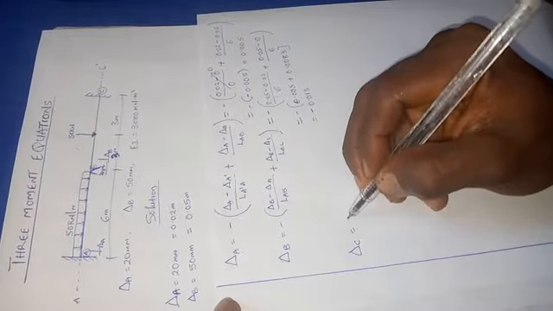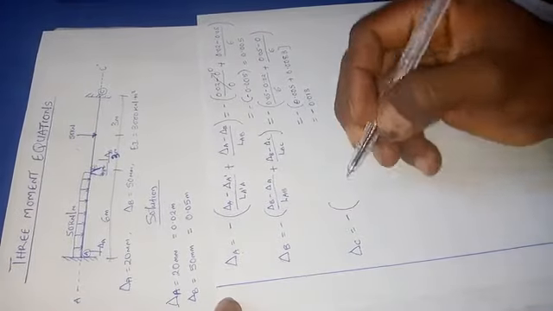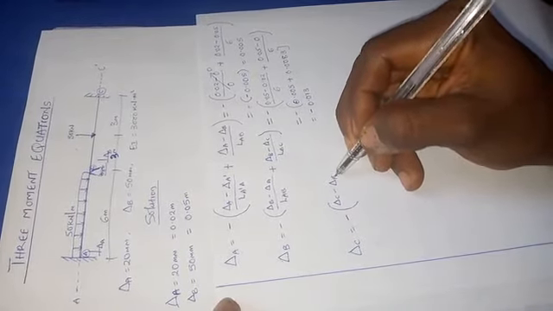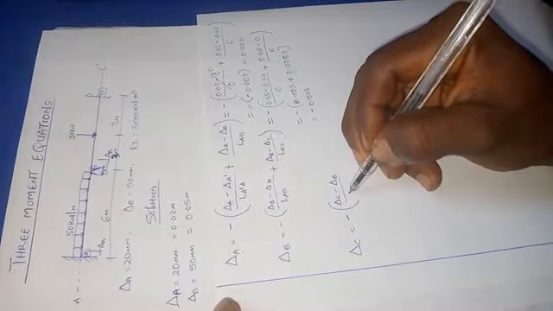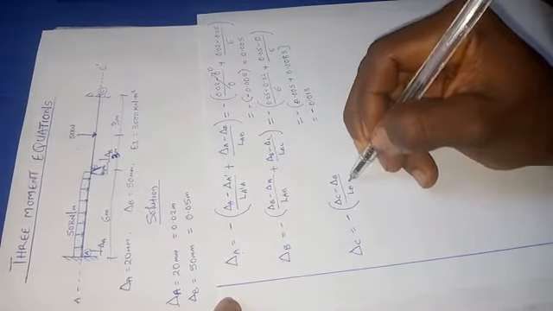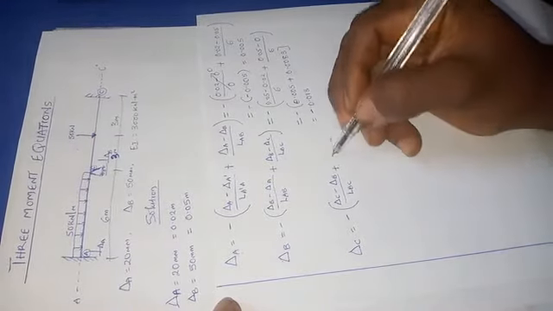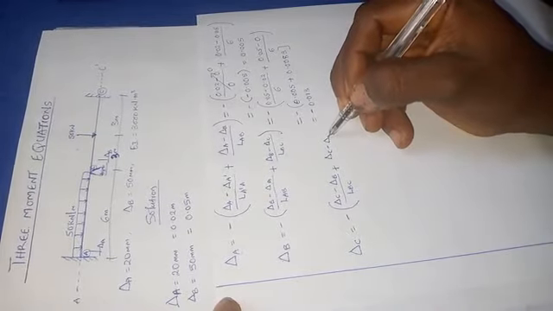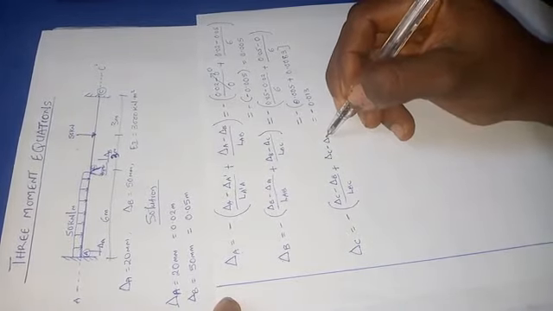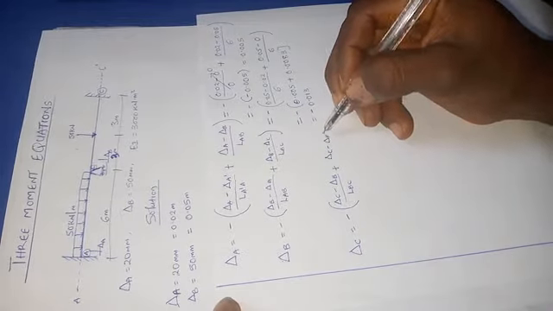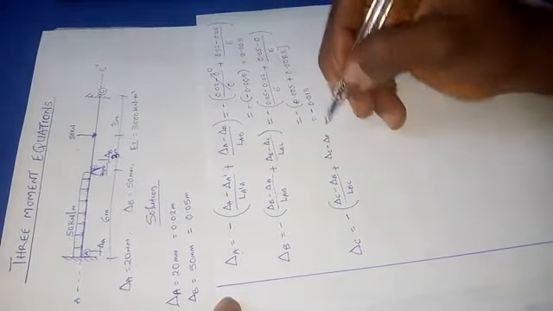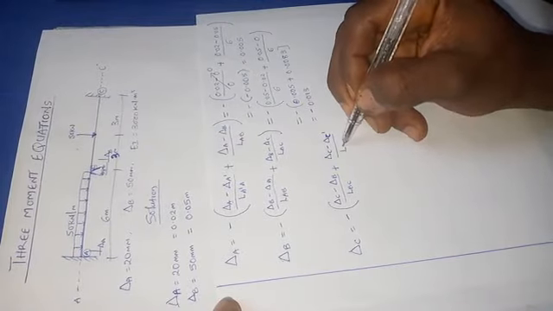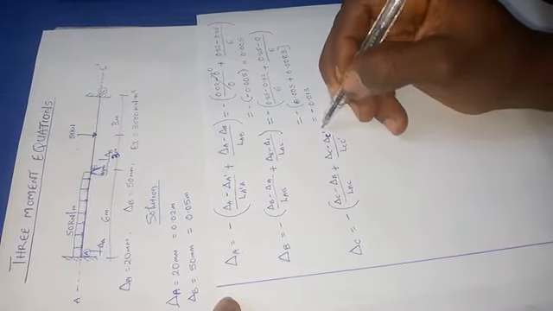The same way, my settlement at C is still going to be minus in bracket the settlement at C minus the settlement at B, all divided by the length of B to C, then plus the settlement at C minus the settlement at C prime, all divided by the length of C to C prime.